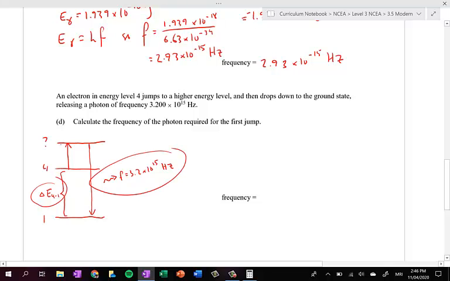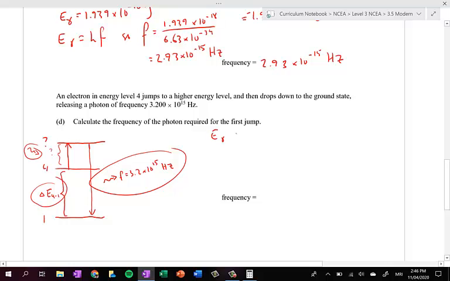That should give us the difference between these two energy levels. And once we know the difference between those, then we know how much energy the photon must have had that came in to cause that jump up. Okay, so let's do that.